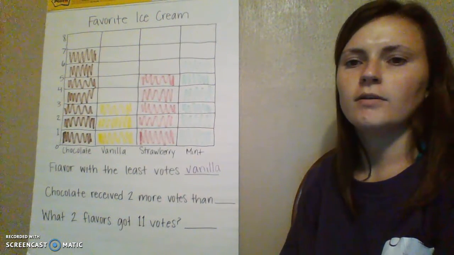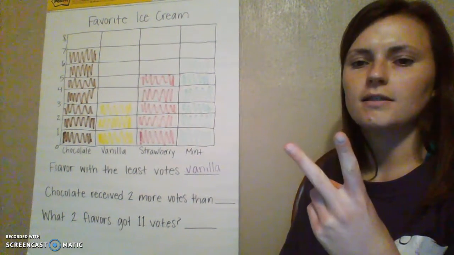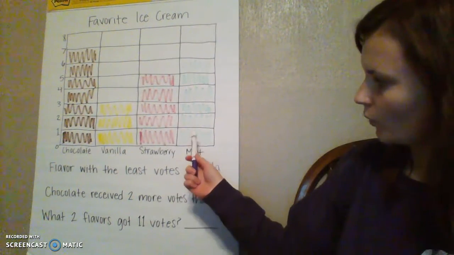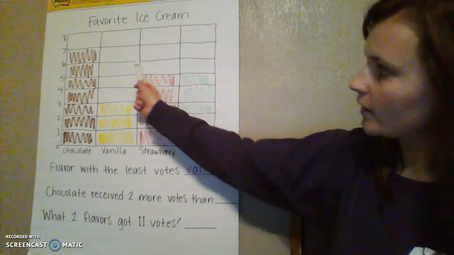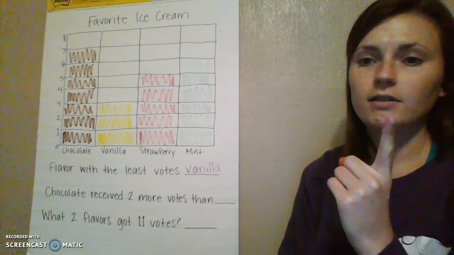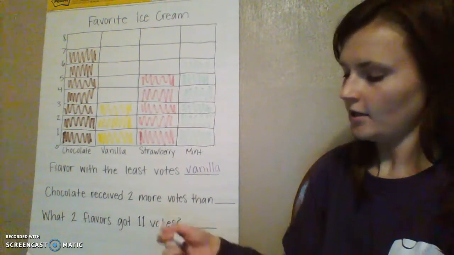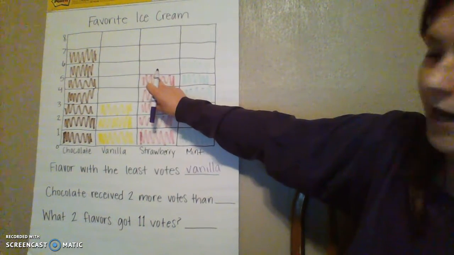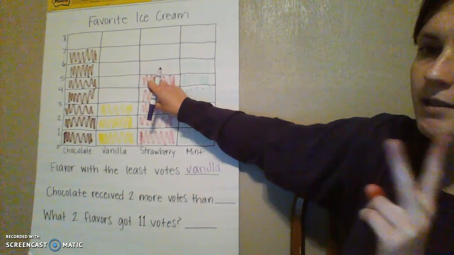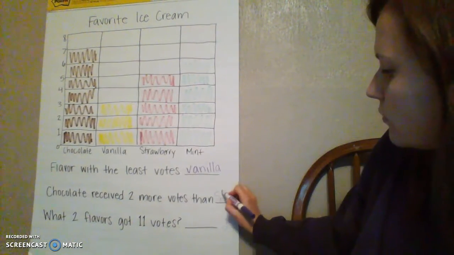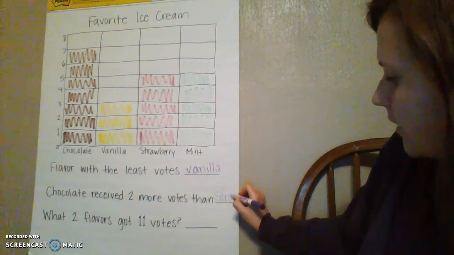Well, 5, I'm going to count up, 6, 7. Yes, it is. But I'm going to double check with mint. Mint got 6. And I'm going to count up 6, 7. That's only 1 less. So my answer, strawberry got 5, which is 2 less than 7. So strawberry.